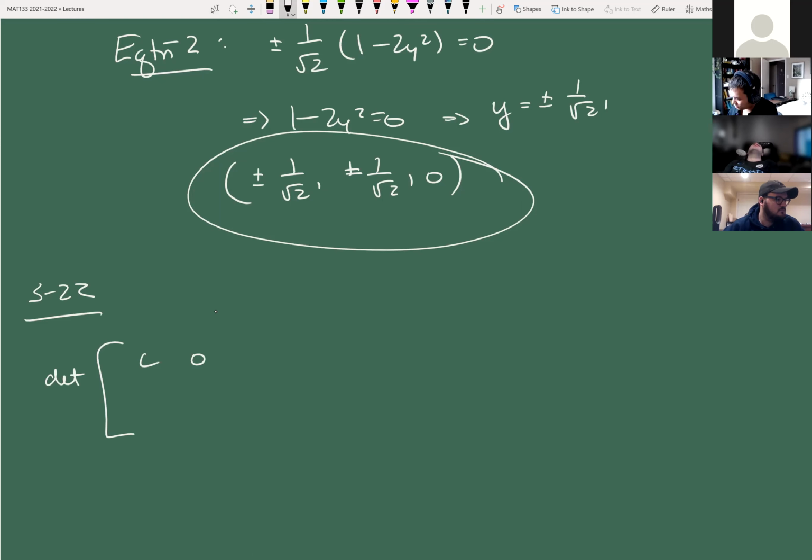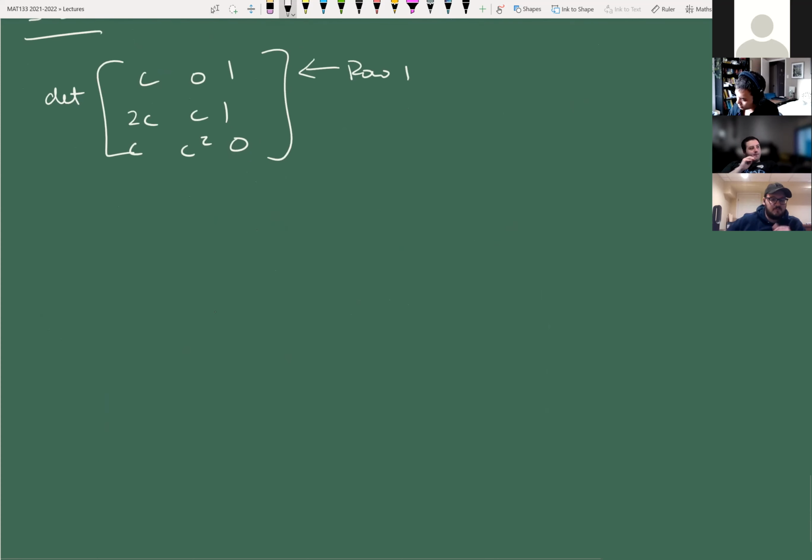C, 0, 1, 2C, C, 1, C squared, 0. So we have to, again, choose a column or a row along which to expand. I think probably let's do row 1 again. Column 1 is also probably a nice choice, column 3 as well, but whatever.